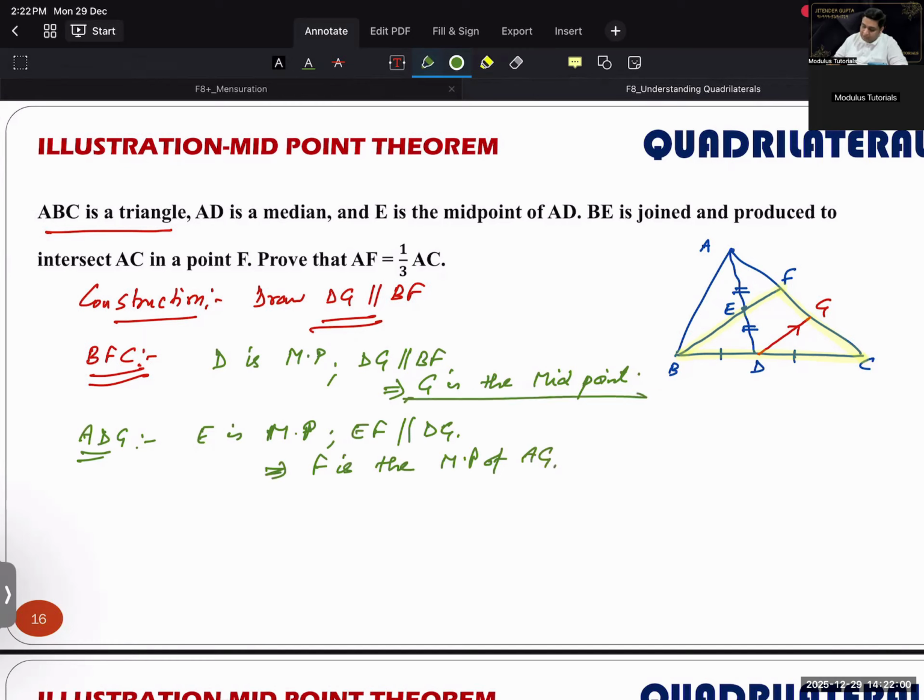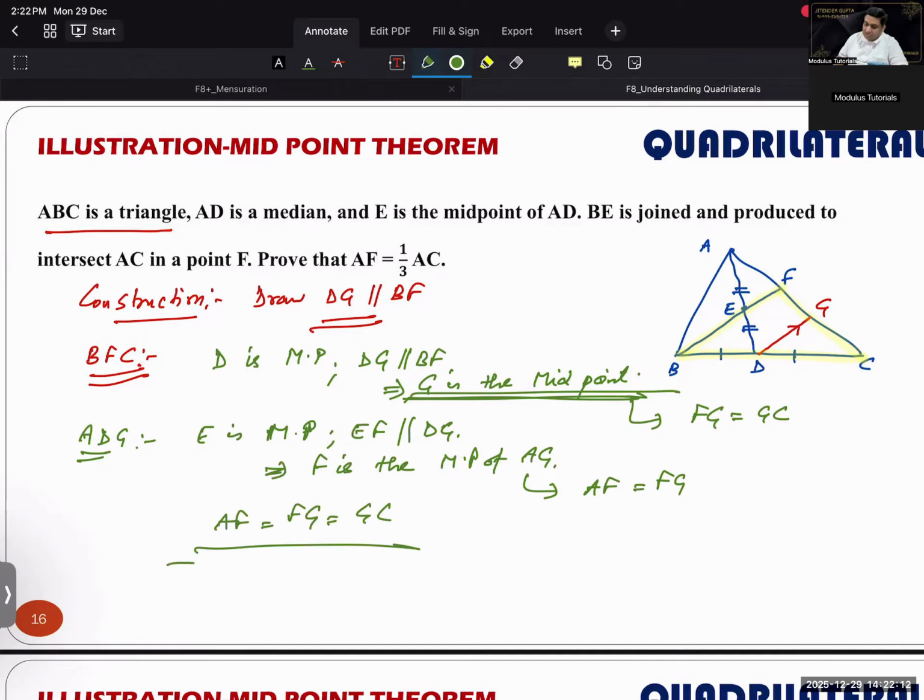So what do we have? Since G was the midpoint, FG equals GC. Since F is the midpoint, AF equals FG. So that means AF equals FG equals GC. So this explains why AF is 1/3 of AC. Got it, guys? I hope this is very, very clear, right?